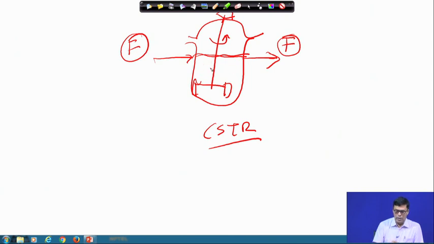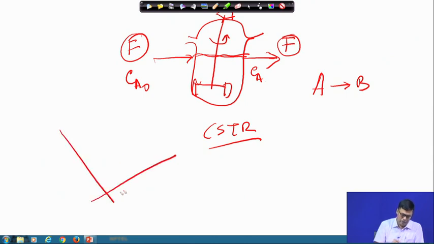Suppose you want to carry out a reaction A to B. What we shall have to do is first run this process in batch mode, let the reaction take place, and when conversion is maximum, then you start the flow rate. As soon as you give the flow rate, here you have Ca0, am I right? And here is Ca.